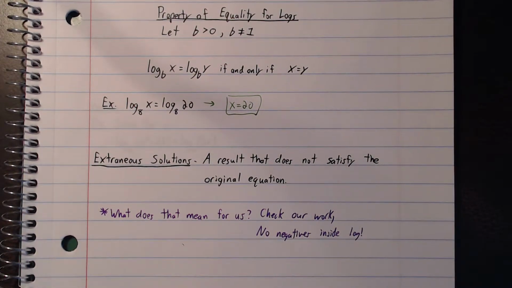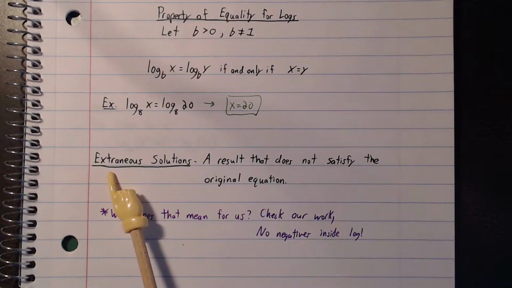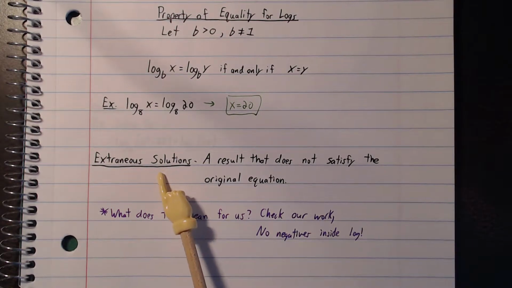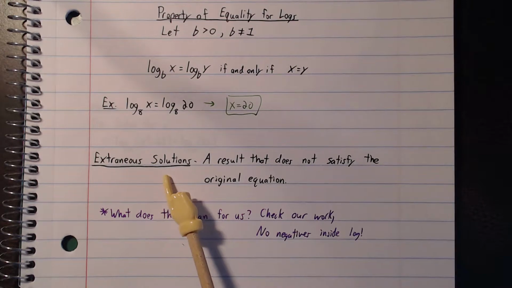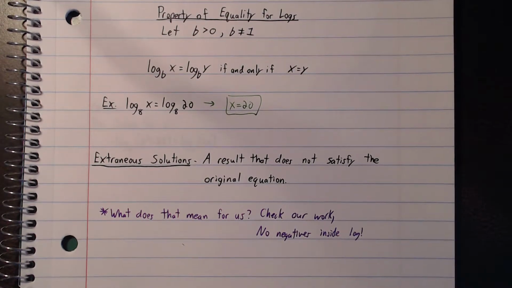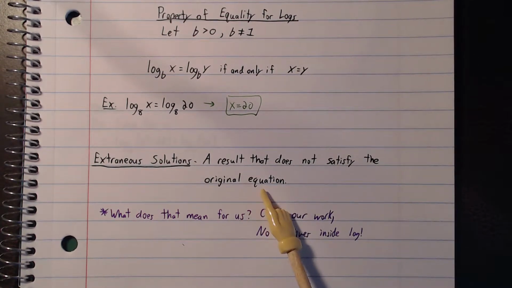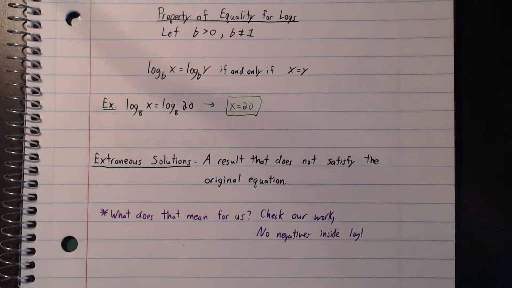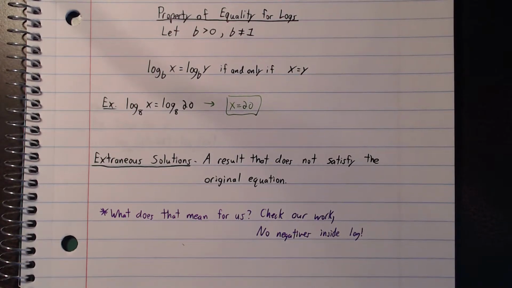Now, does that mean that the solution you get can't be a negative number? It could be, but what happens is when we plug it back into the original equation, we can't have a negative inside of the log. So could we have a negative that works? Sure. Could we have a positive that doesn't? It's a possibility too. We're going to have to check no matter what.